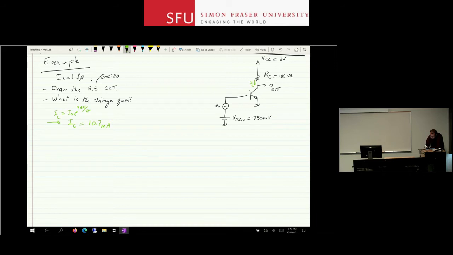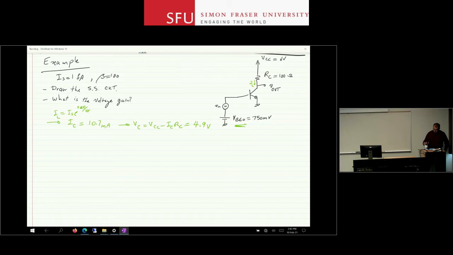And in this case, I only keep the DC component in my calculations. So 10.7 milliamps, I go and calculate VC, which is going to be 4.9 volts.